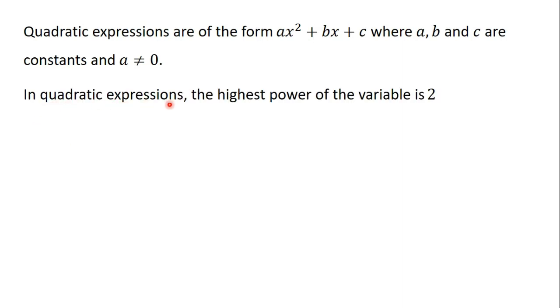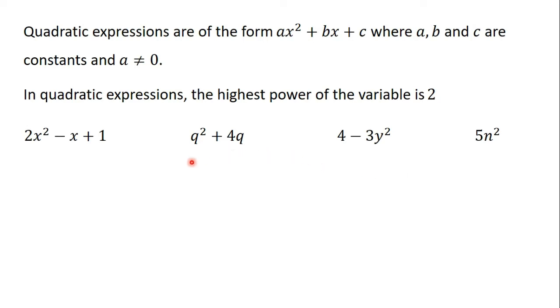In quadratic expressions, the highest power of the variable in the expression is 2. Some examples are 2x squared minus x plus 1, q squared plus 4q, 4 minus 3y squared, and 5n squared. All these are examples of quadratic expressions.